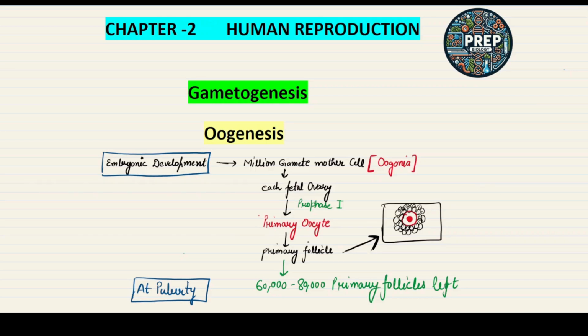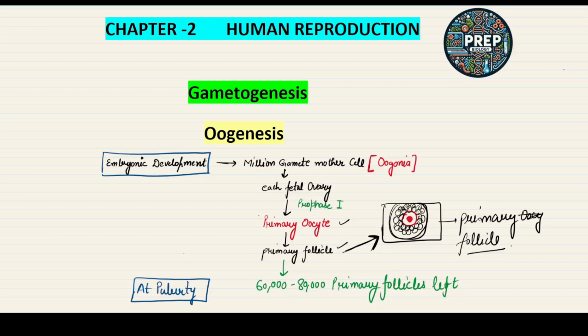So when the primary oocyte is formed, and around it a layer of granulosa forms, that structure is called the primary follicle. I hope these two terms are clear to you all.